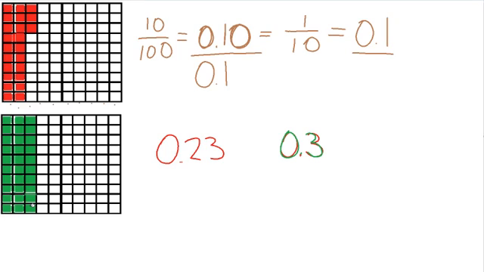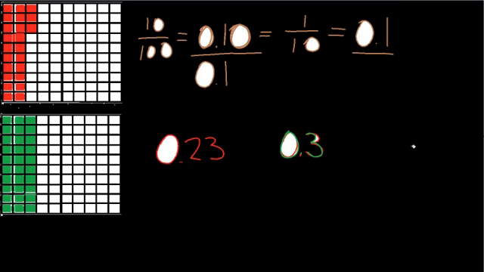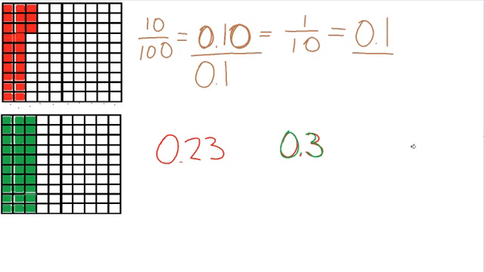Some people will actually take these numbers and line them up. I'm going to do that off to this side over here. So I had 0 and 23 hundredths, and then comparing it to 0 and 3 tenths.